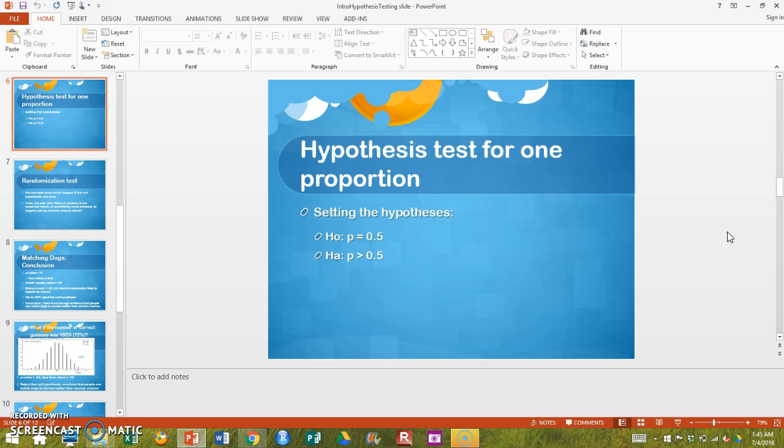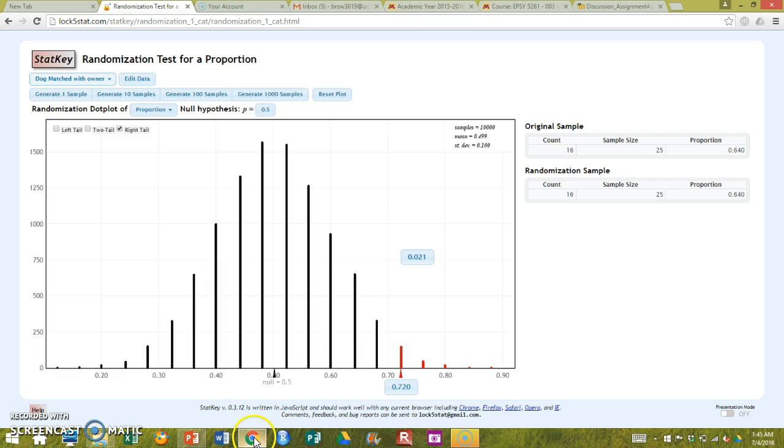Again, if we get a sample proportion of 0.72, and this is the world that we're assuming is true, then this is not a good world for this sample data. This sample data, 18 out of 25, does not fit well in this world of the proportion being 0.5.